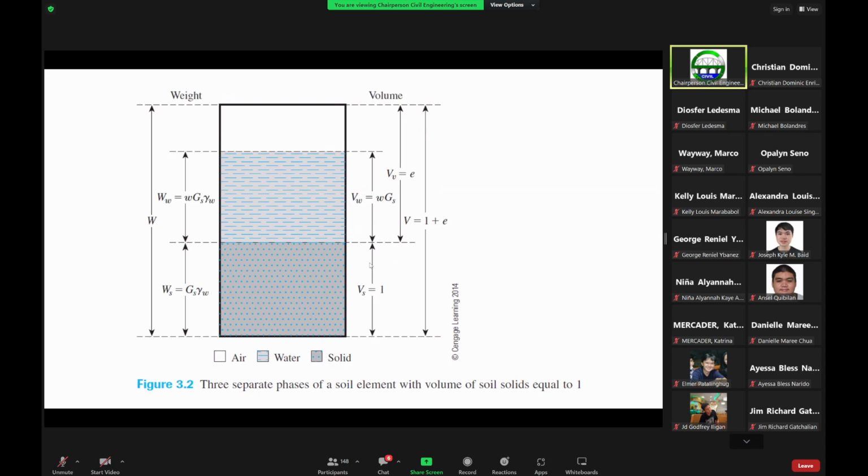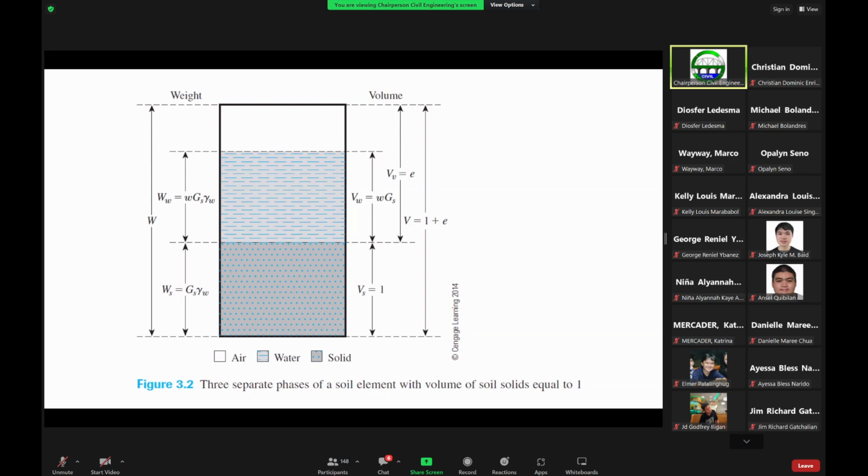If the volume of solids is equal to 1, then we know that the formula for the void ratio is equal to the volume of voids over the volume of solids. In this particular condition, the volume of voids is just equal to the void ratio.